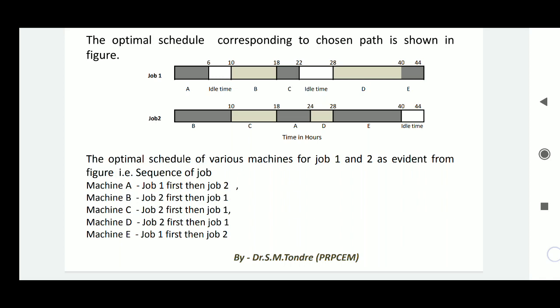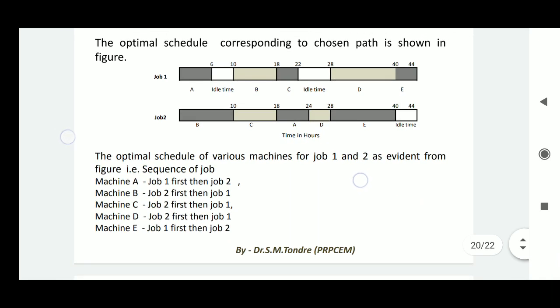Similarly, on machine C, job 2 first and then job 1. Similarly for machine D, job 2 first and then job 1. For machine E, I have written it wrong here: job 2 first and then job 1. So that is the sequence of the jobs.